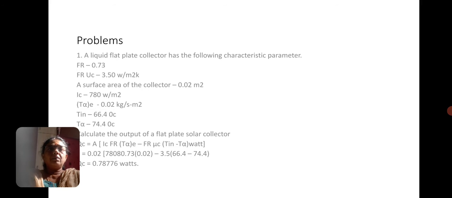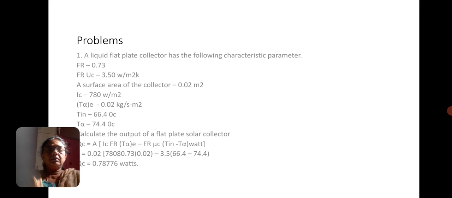According to the problem, a liquid flat plate collector has the following characteristics. So these are the given parameters. You have to calculate the output of the flat plate solar collector.